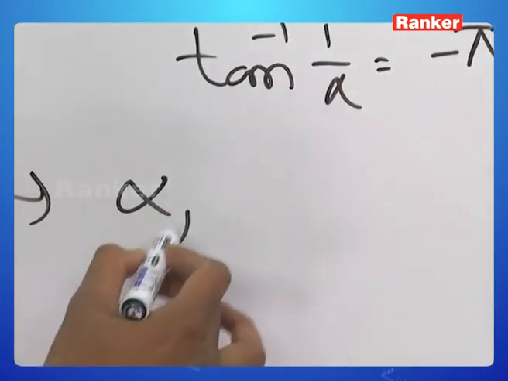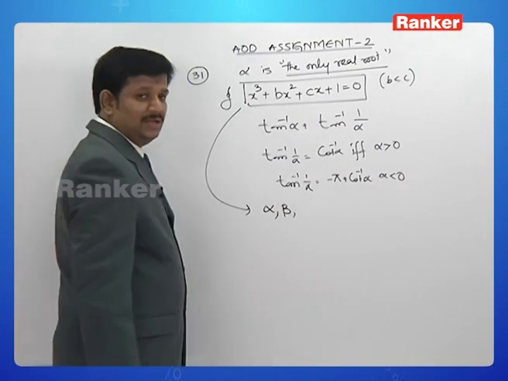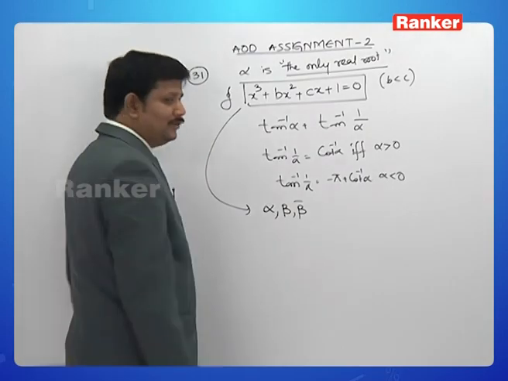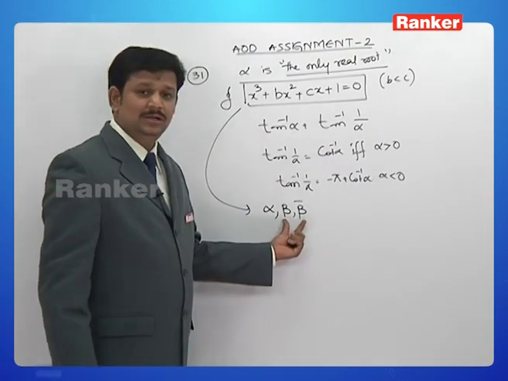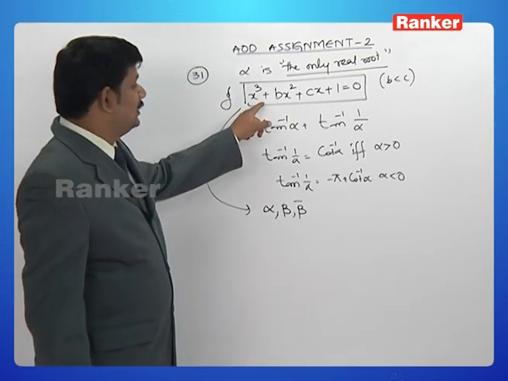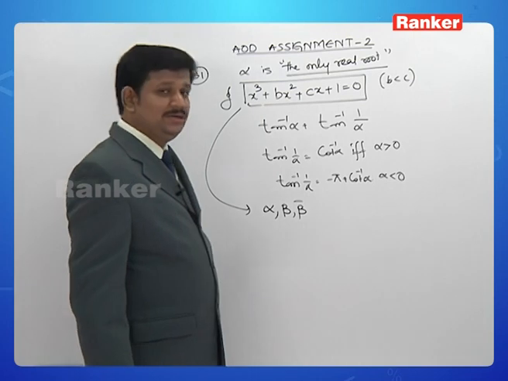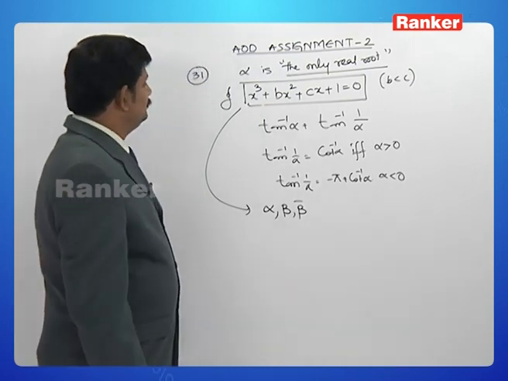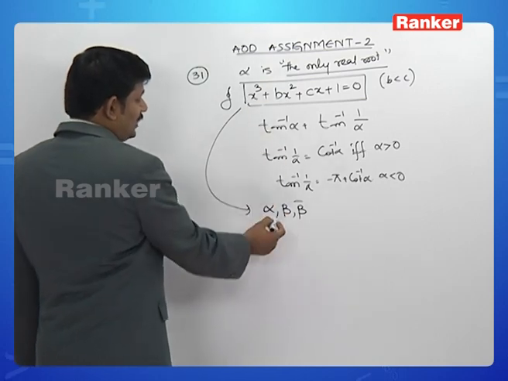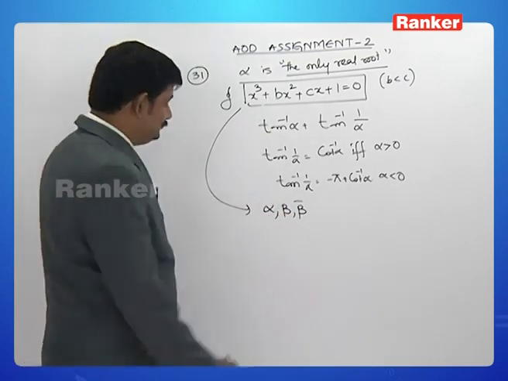So, the three roots of this equation, let them be alpha, beta and beta bar. Imaginary roots occur in conjugate pairs. So, the roots of this equation are alpha, beta, beta bar.